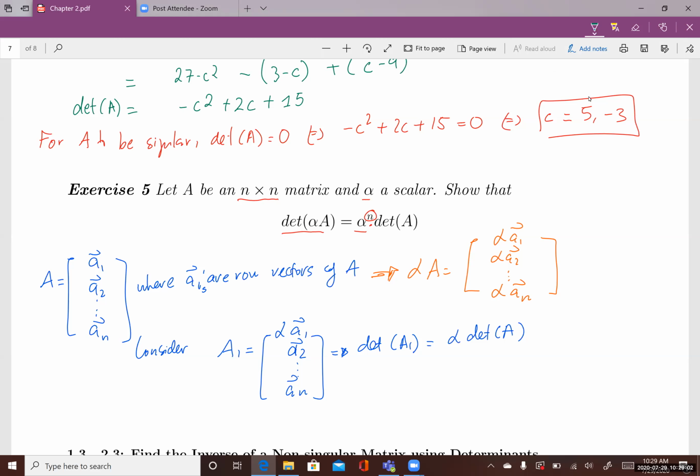If you keep multiplying alpha to every single row, then when you finish multiplying alpha by all the rows, you get the determinant of alpha A. So you keep multiplying alpha n times. That means you have alpha to the n times the determinant of A.